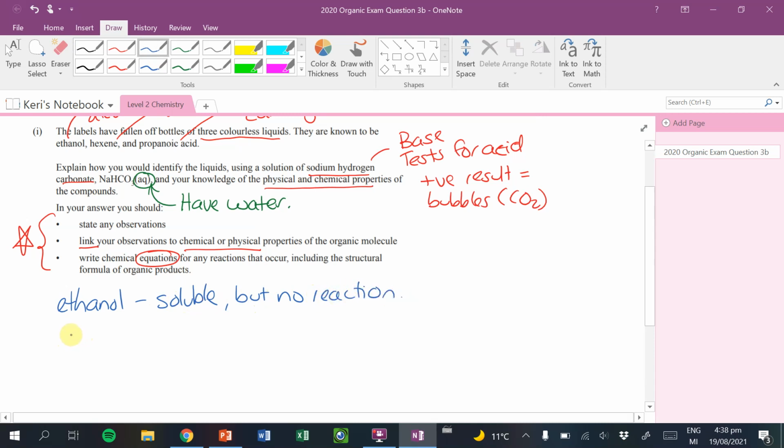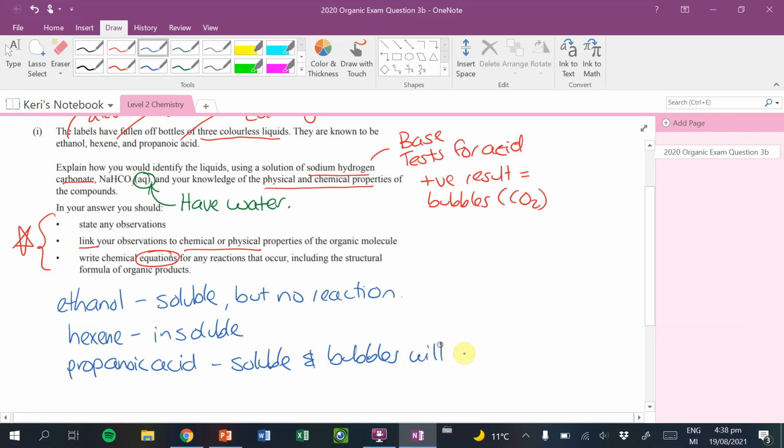With the hexene, it'll be insoluble, and that's how I'm going to find it. And then the propanoic acid is going to be soluble, and bubbles will form. Now, obviously, all I've done right here is that first step of state observations.